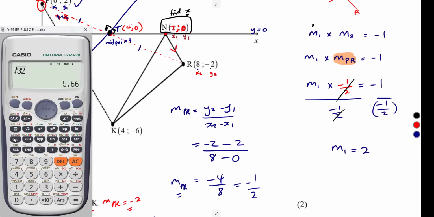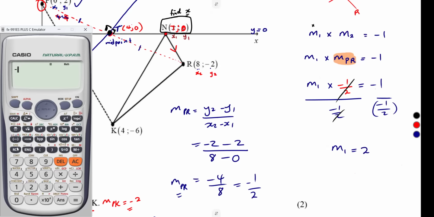All right, -1 over what? Just open a bracket, -1 over 2, close the bracket. That is going to give us a 2. Let's go back to the normal mode. Press 8, press 2.